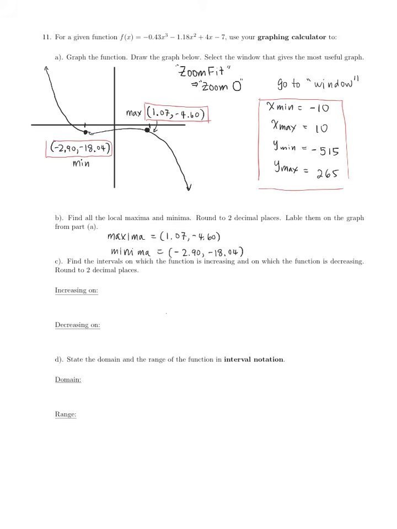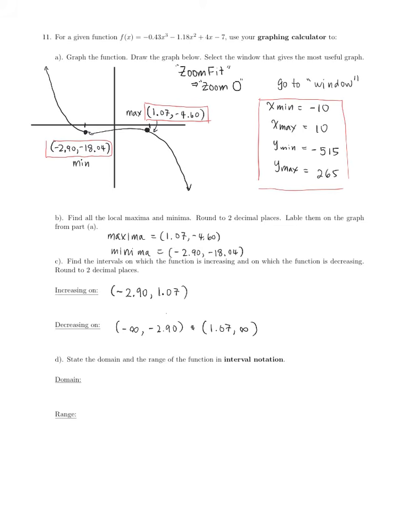Okay, now find the intervals on which the function is increasing and decreasing. Again, please watch the video to see how I did that. So we should get increasing on negative 2.90 to 1.07, and then decreasing on negative infinity to negative 2.90, and then decreasing on 1.07 all the way up to infinity.